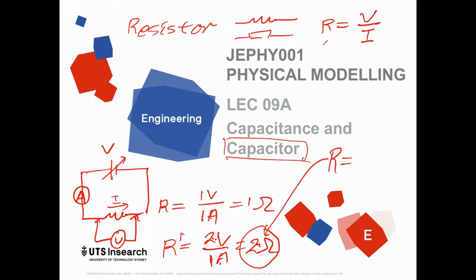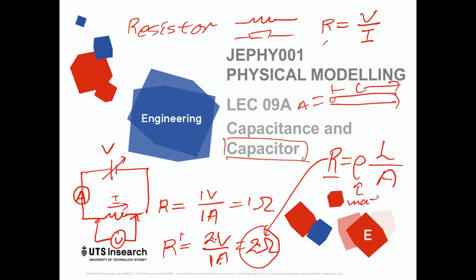The resistor is determined by the length of your wire, the cross-sectional area of your wire, and the material properties. So R is proportional to L over A, with the resistivity, which is the material dependence. L over A is the geometry, the external dimension. So this is all about resistors. You can make a resistor according to the requirement in your circuit design.